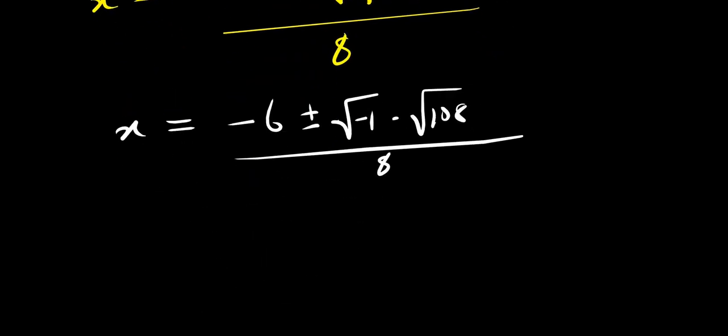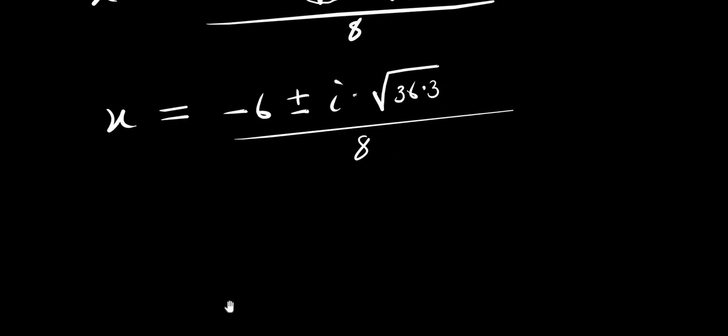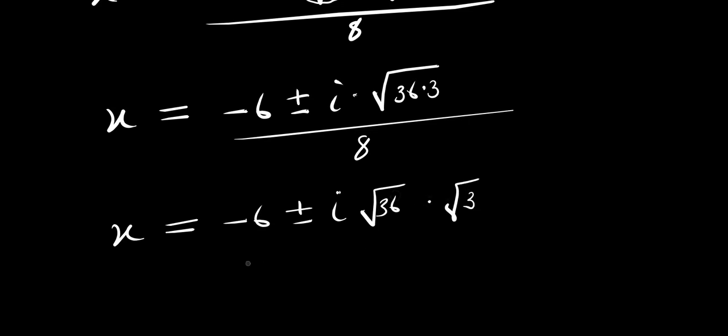So from here, I have x equals negative 6 plus or minus square root of negative 1, which here is i. So this is i times square root of 108, and express it as 36 times 3, divided by 8. So from here, I have x equals negative 6 plus or minus i times square root of 36 times square root of 3 divided by 8.